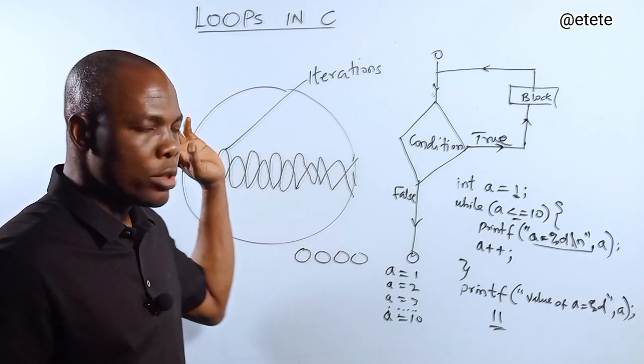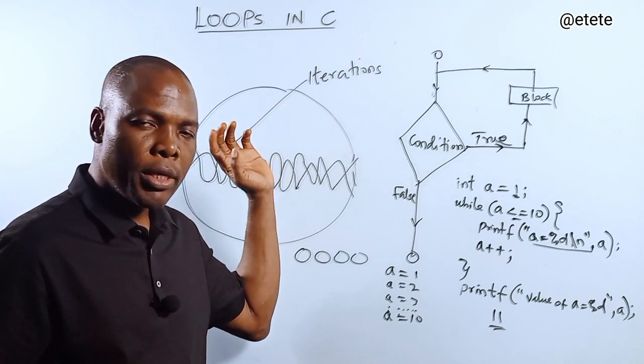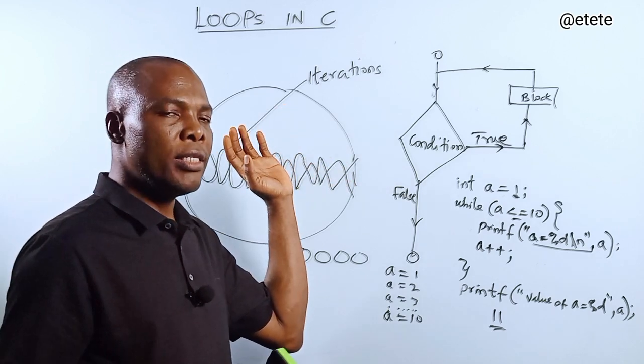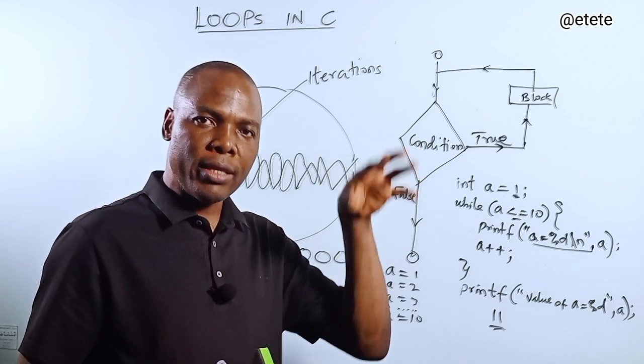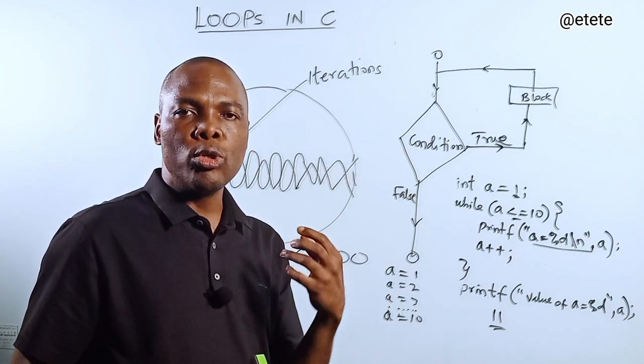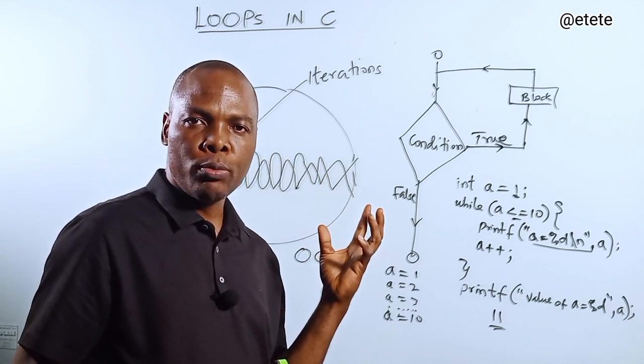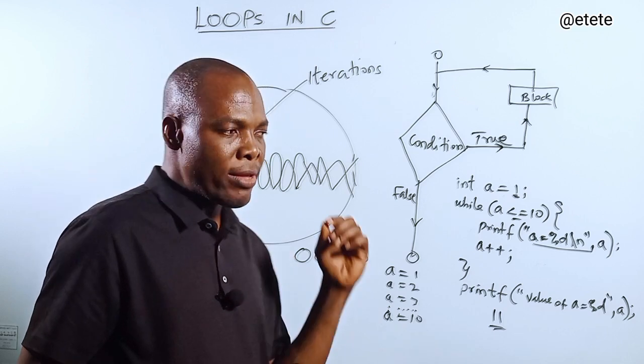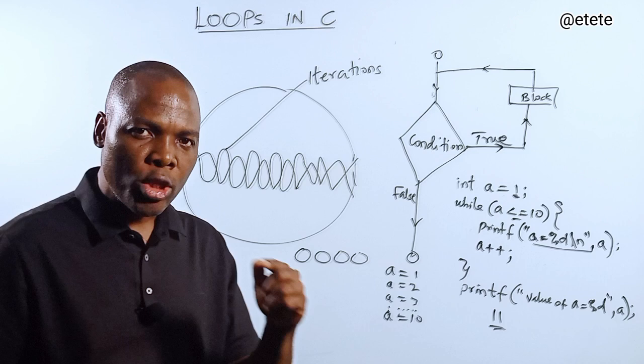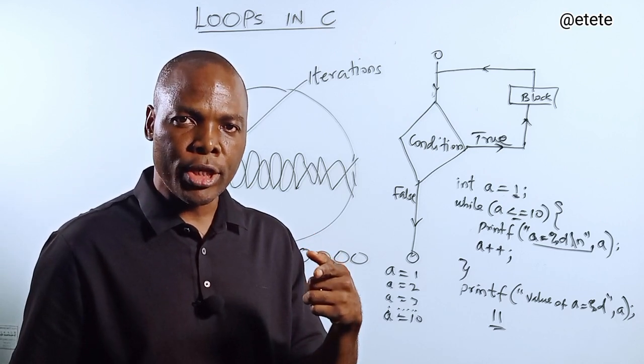So you are going to use the for loop, the while loop, and the do while loop to govern that cycle. You are going to call the break statement to come out of the loop when needed, and you are going to call the continue statement to skip any iteration.